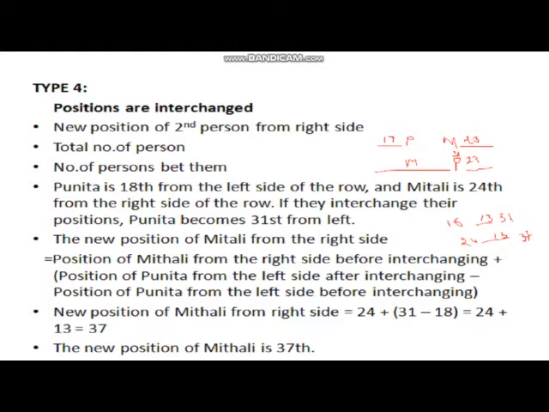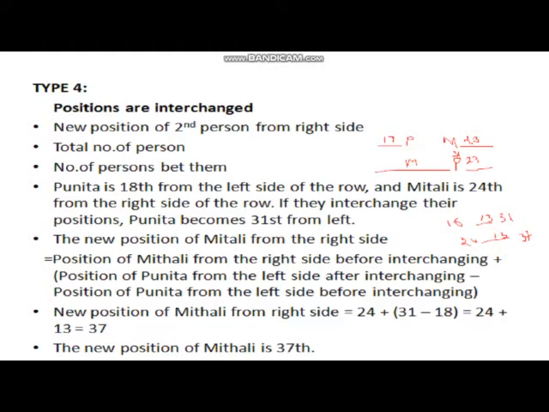So if they are interchanged in their positions on the same places, obviously Mitali also gets interchanged from her previous position. Mitali is in 24th position. So after adding 13 positions to 24, we get the 37th position of Mitali. Okay, you got my point.